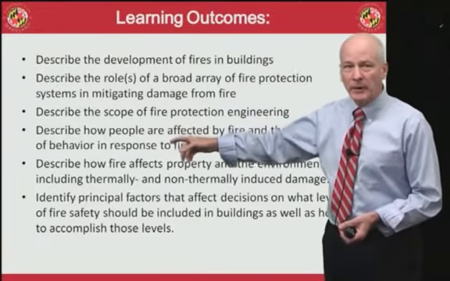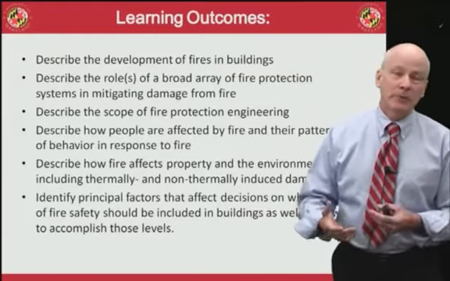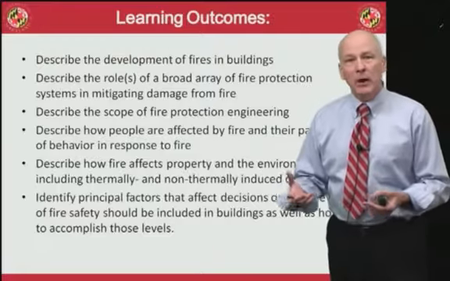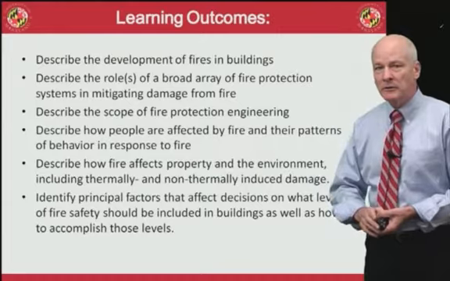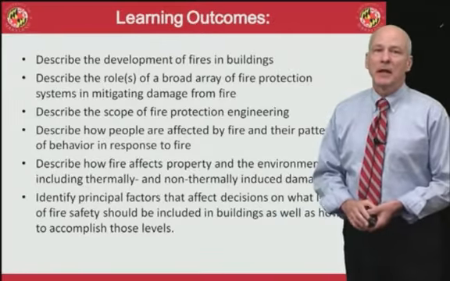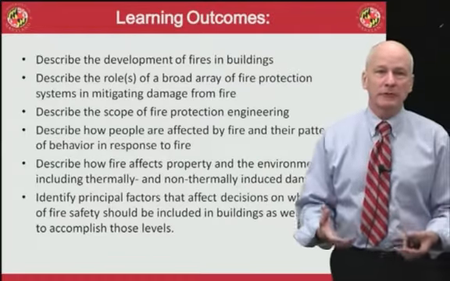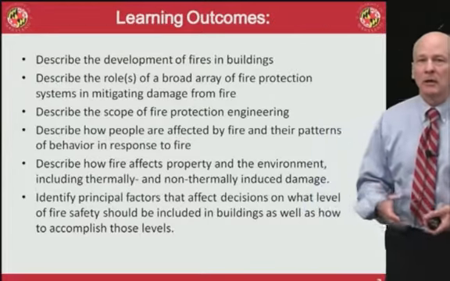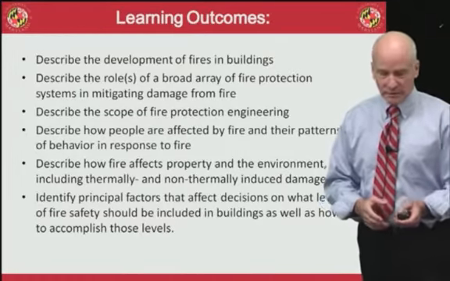We'll describe the scope of fire protection engineering, talk about how people are affected by fire and how people respond to fire, and talk about how structures, property, and contents are affected, in some cases because of thermal damage, in other cases because of interaction with smoke and corrosive products of combustion. And then finally, we want to talk a little bit about how one develops a fire safety solution to a building, and what sort of thought process a practicing engineer would go through to deliver a particular level of fire safety.